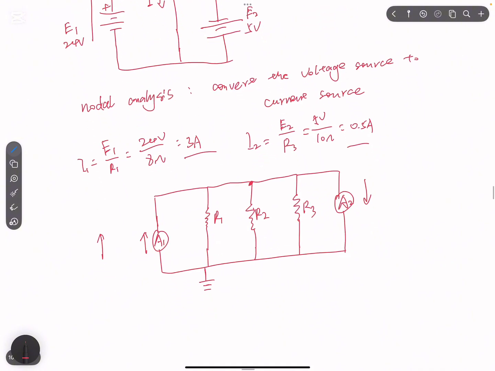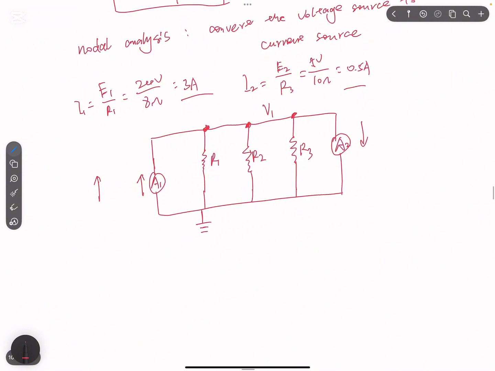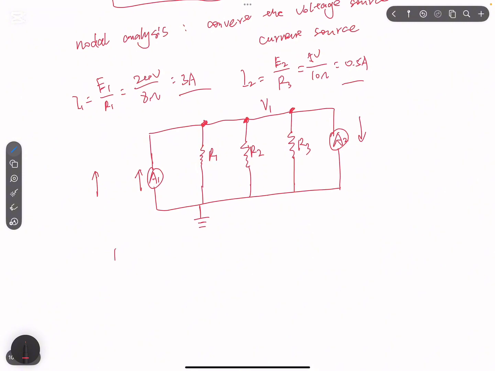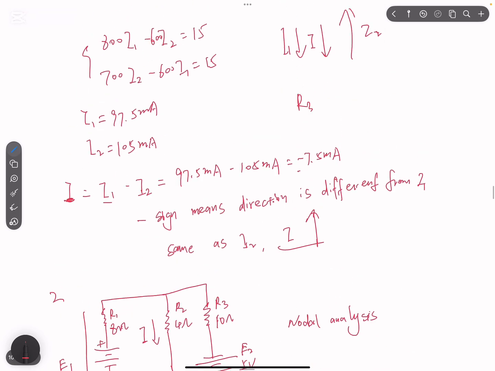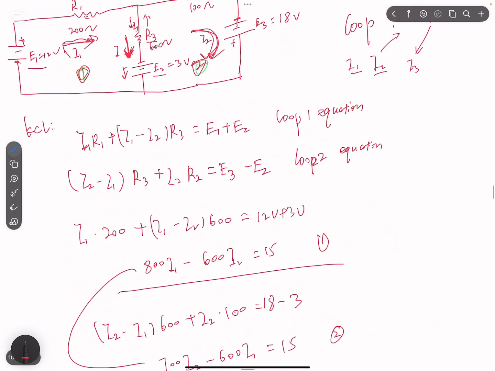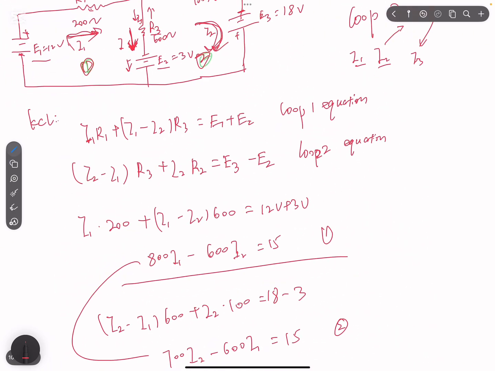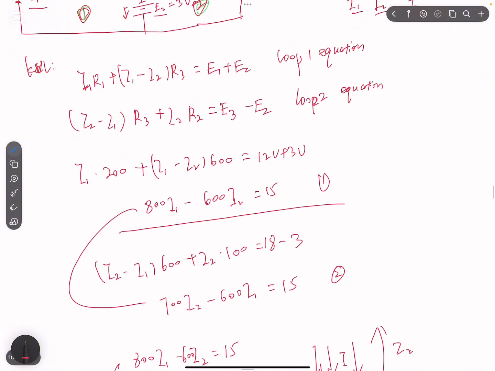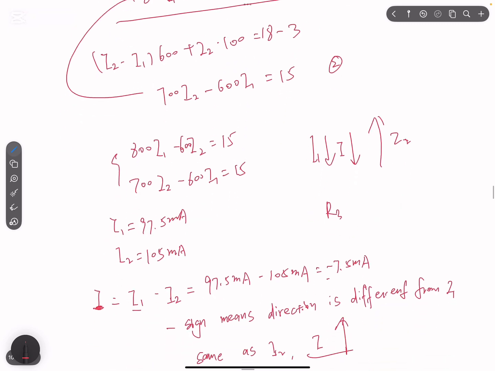So this will be the node. Let's say this is V1. Right now, for the mesh analysis or loop analysis, that will be KVL, the Kirchhoff voltage law, not the Kirchhoff current law.